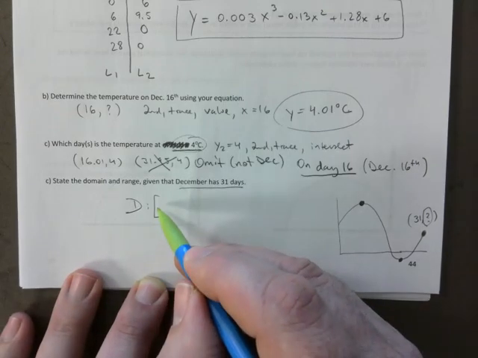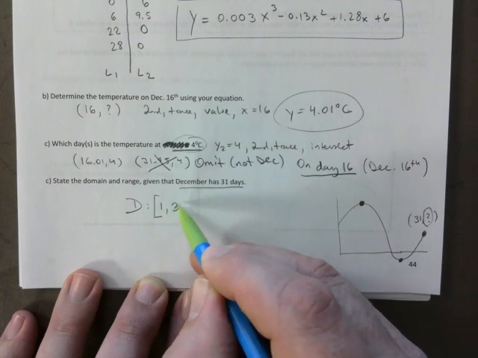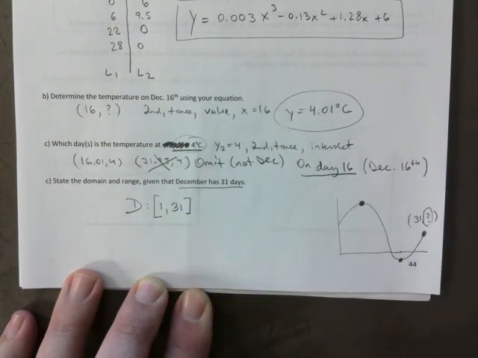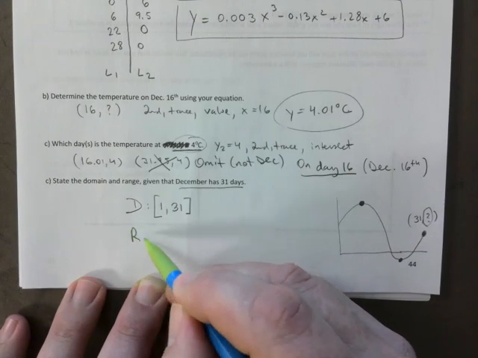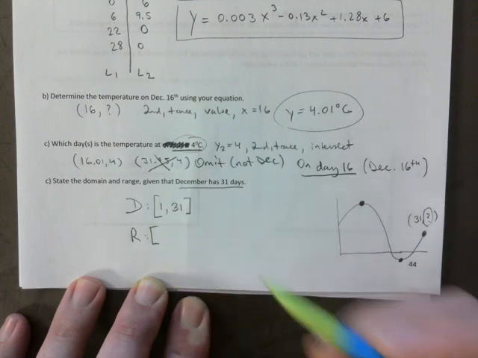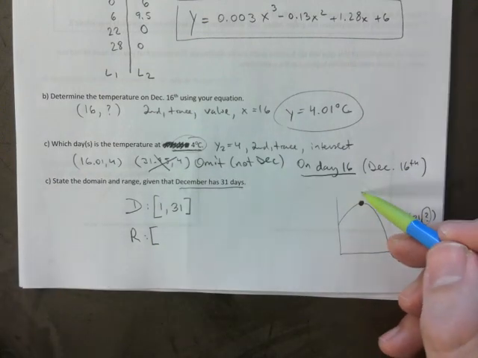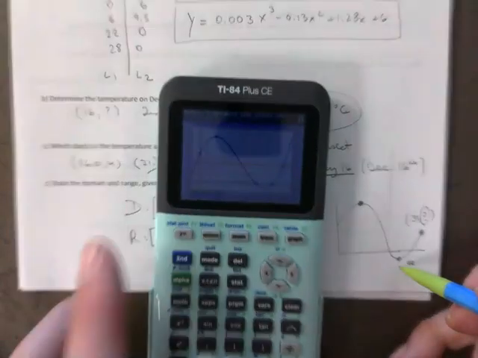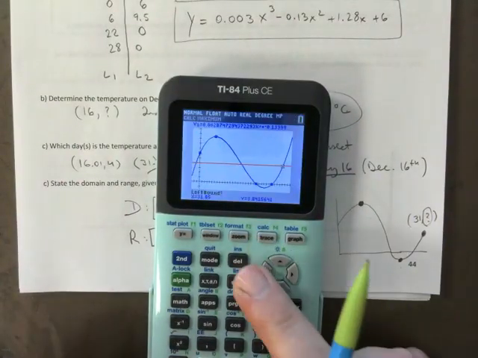So for domain, we would go from 1 to 31. Okay? And for range, we have to figure it out. Let's go find this high point and the low point real quick here. Second trace max.